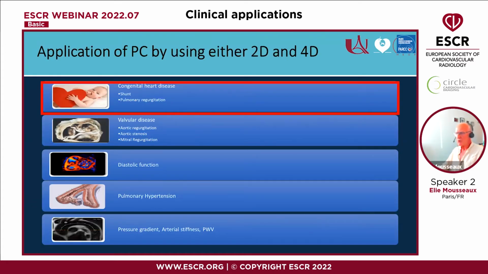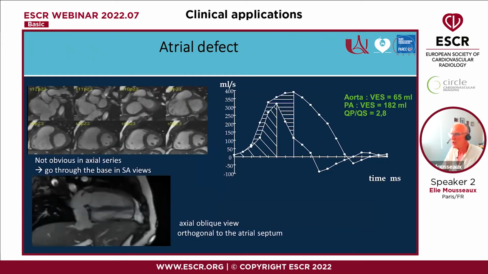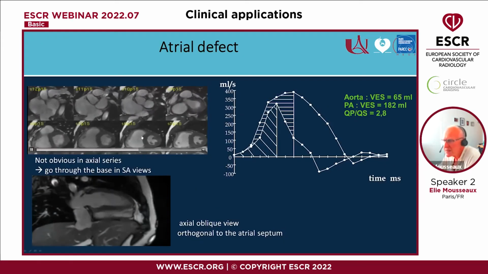So the main application for flow, by using either 2D or 4D, will be congenital heart disease. And the main application, as I said, is to appreciate the shunt, for instance in case of right ventricular overload.